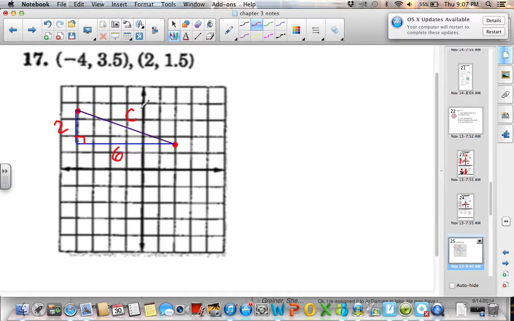Okay? Because I'm not told what C is, that's our hypotenuse, so we write it as 2 squared plus 6 squared equals C squared.